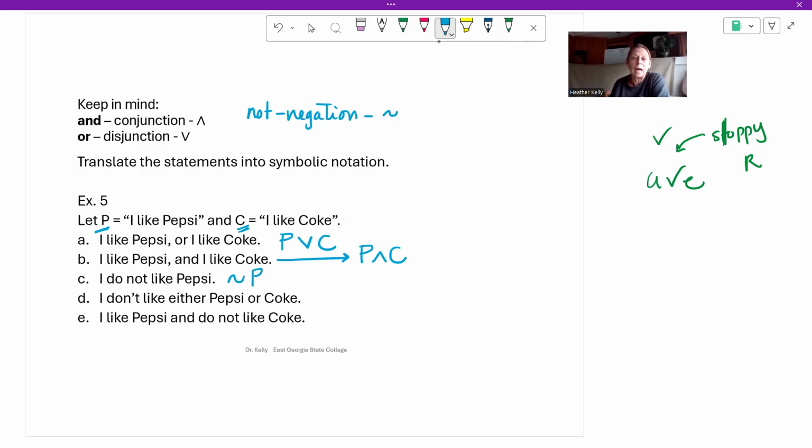This one says "I don't like either Pepsi or Coke." Now, this part right here lets us know that we're going to have a tilde, right? But this is a compound statement, Pepsi or Coke. So we'll have a parenthesis here, Pepsi or Coke, and then we'll put the negation in front of that.